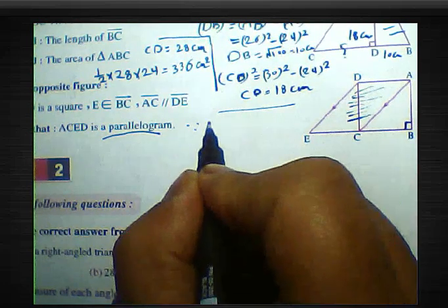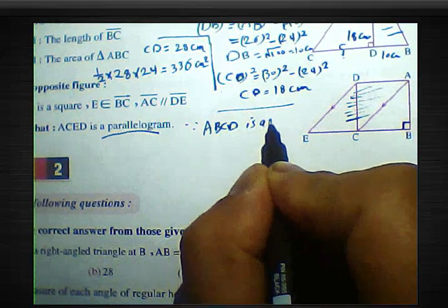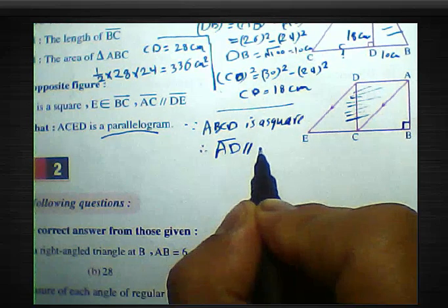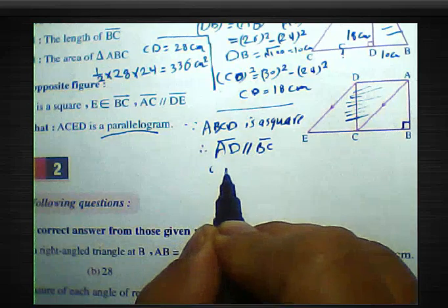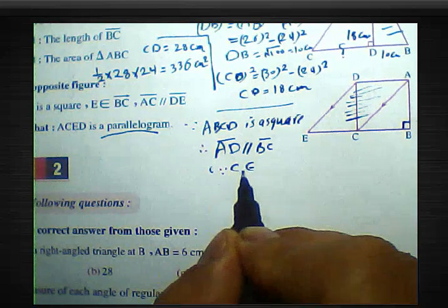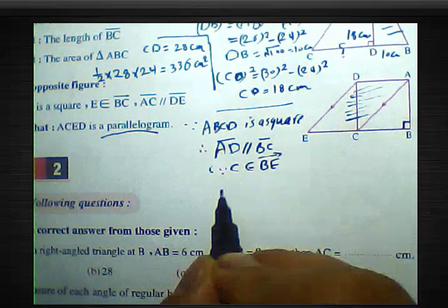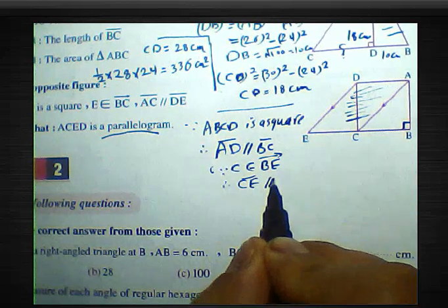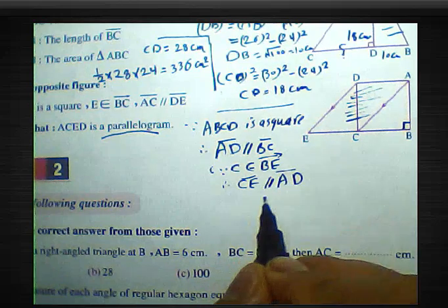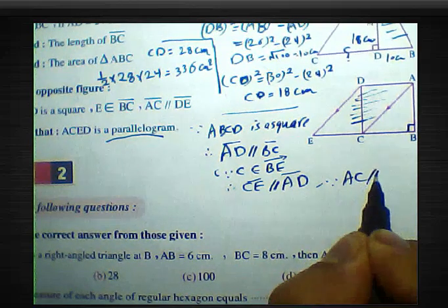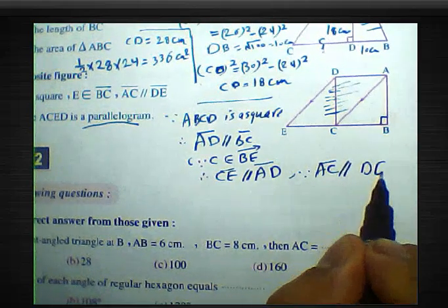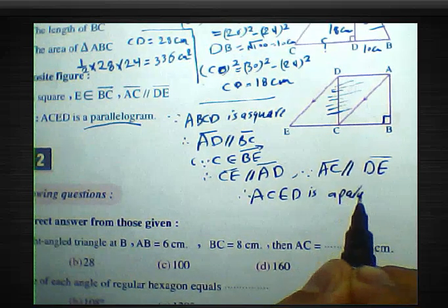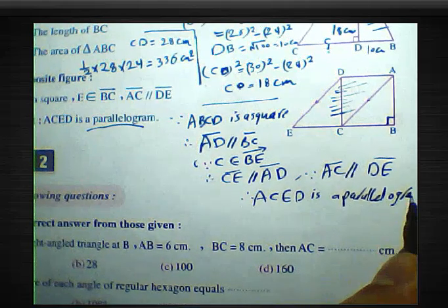Since ABCD is a square, then AD is parallel to BC, and since C belongs to BE, then the line segment CE will be parallel to AD, and since AC is parallel to DE, then ACED is a parallelogram. Okay.